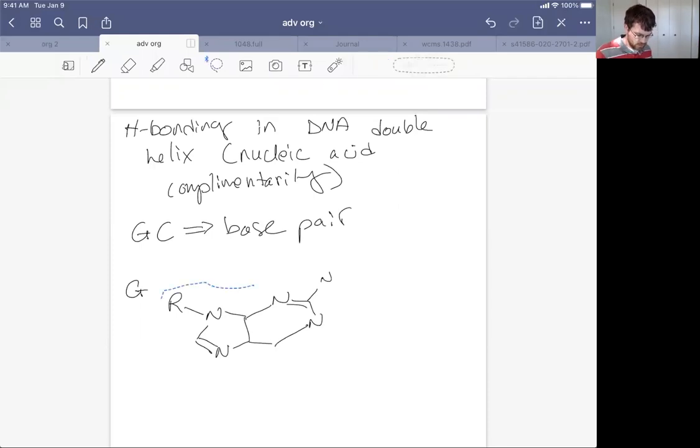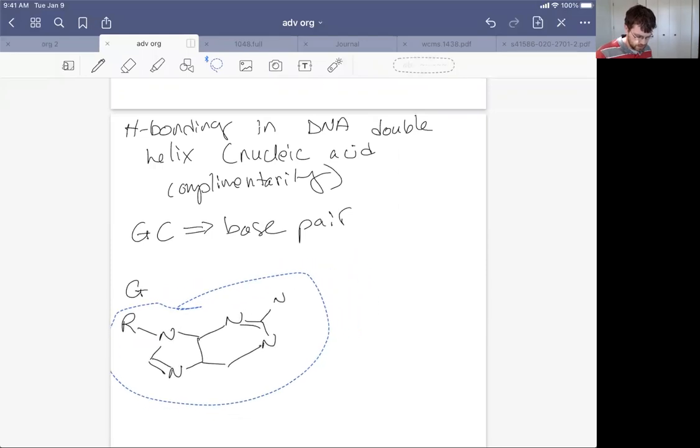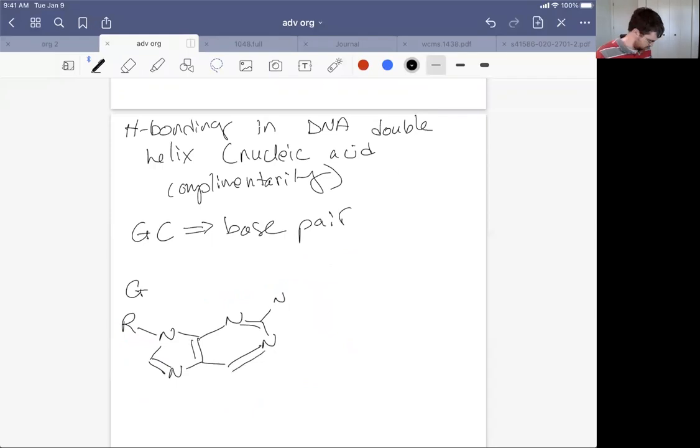Because I have to draw another base over to the side. Here. This is actually a carbonyl. Okay. I'm going to draw these H's more explicitly. Now this R group on both of these is going to be the rest of the nucleic acid polymer chain.